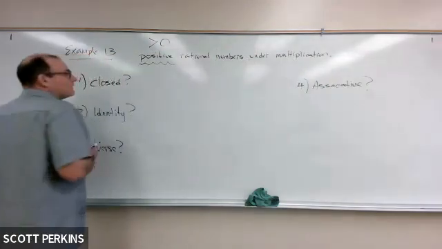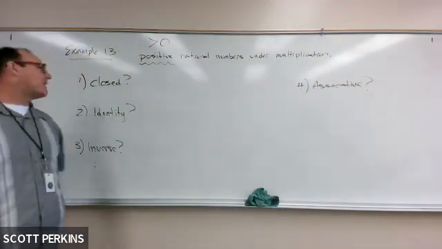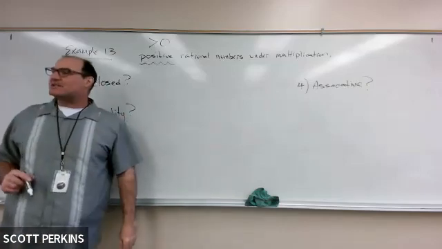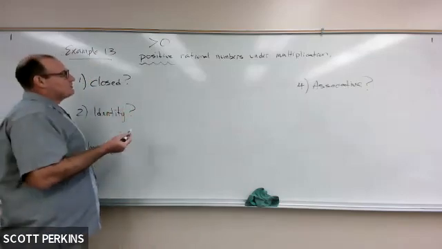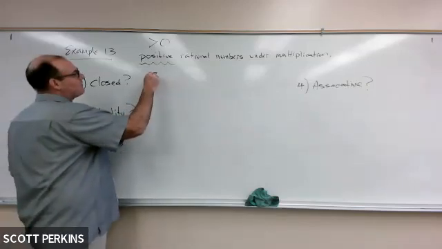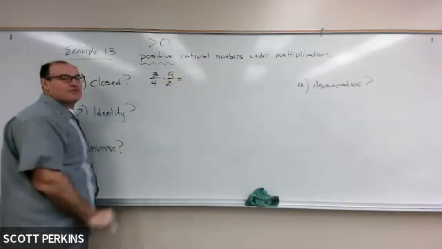So first thing, we've got our positive rational numbers, meaning any positive fraction, and we're multiplying. Is this closed? So this means if I take any 2 fractions and multiply them, do I get a fraction? So for instance, let's just use an example to see if this is yes or no. If I do 3/4 times 9/2, those are both fractions.